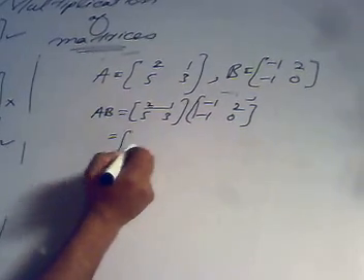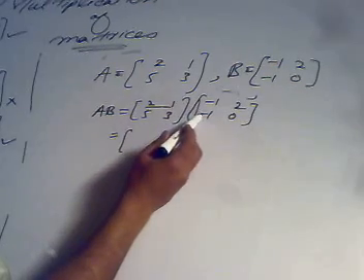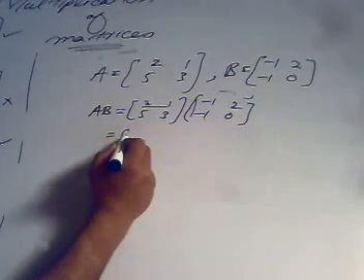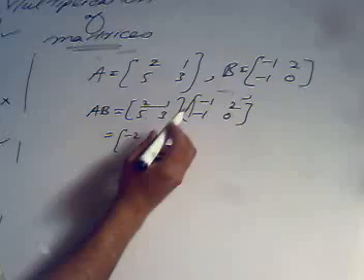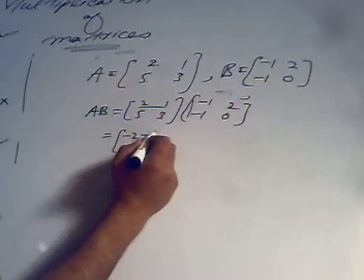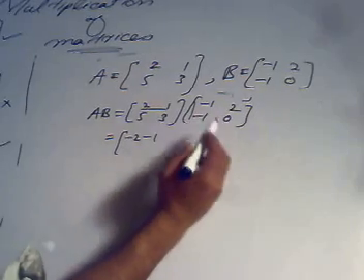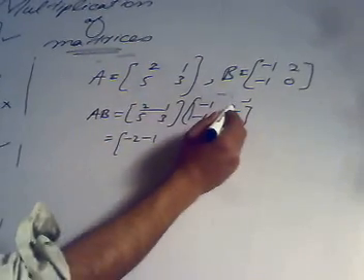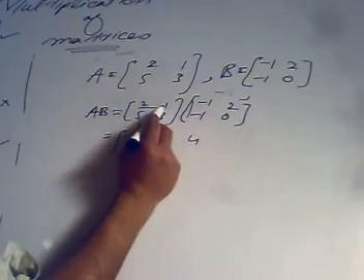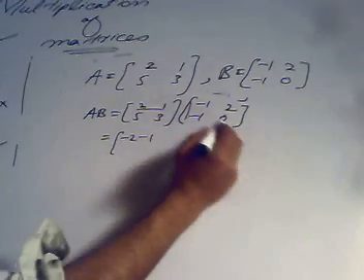When we multiply the first row with the first column, we get -2, then plus into minus, and this will be -1. Then the first row into the second column: 2 2s are 4, and then plus 0.